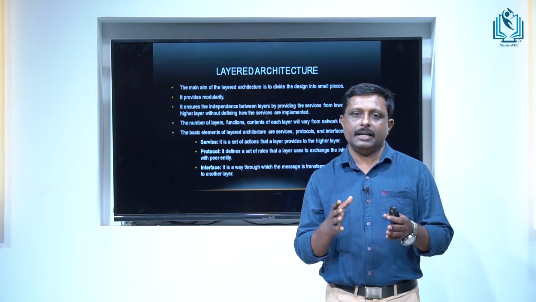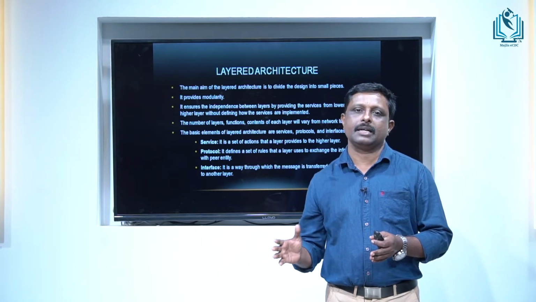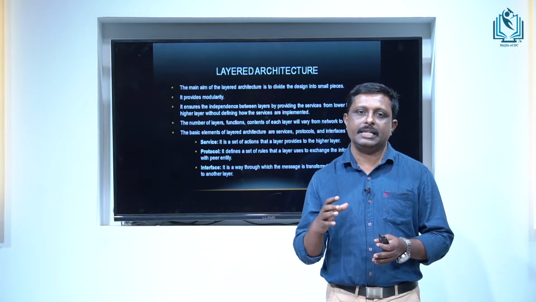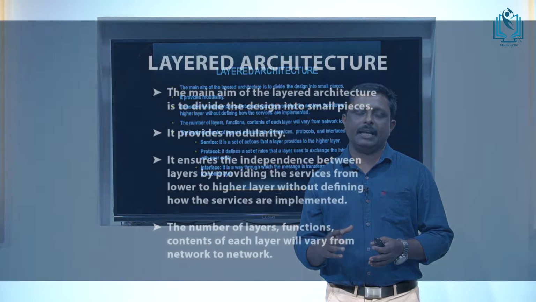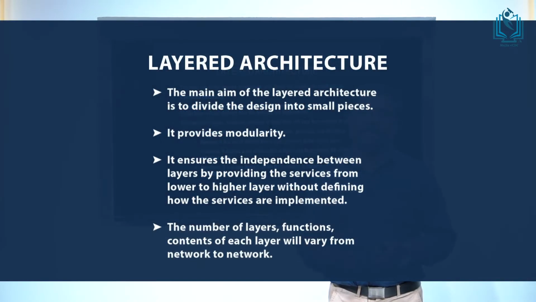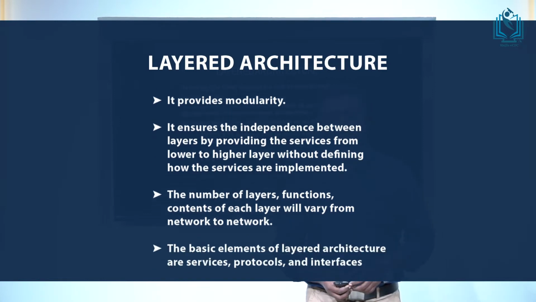These tasks are divided into small tasks and assigned to each layer. Each layer executes its task by using protocols. This type of architecture is used in the ISO OSI model. Layered architecture provides modularity and independence.